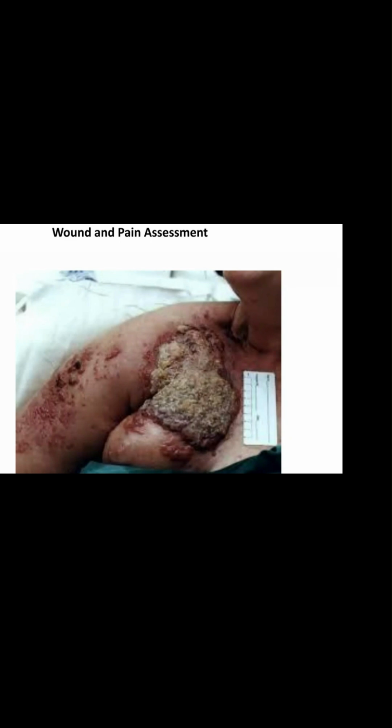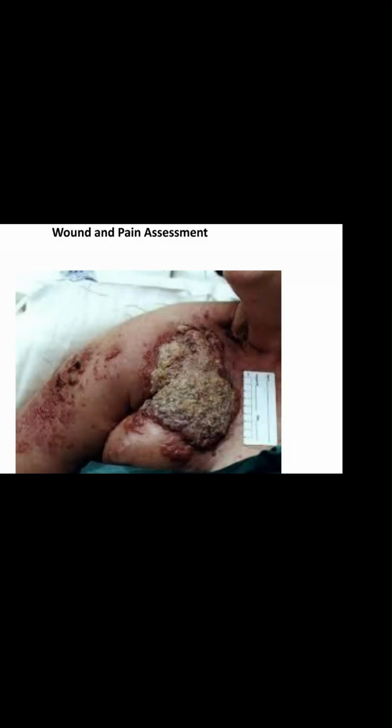Neetu Rani, how is the surrounding area of the wound? Are you people listening? Yes, ma'am.